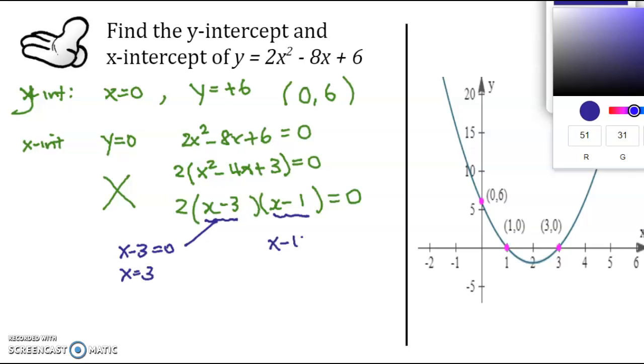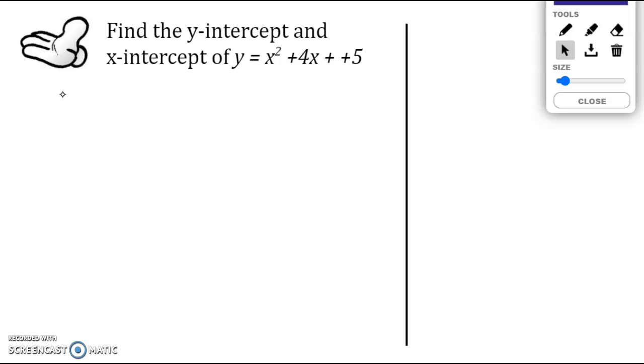X minus 1 is equal to 0, or add 1 to both sides and you get x is equal to 1. That means the coordinate of the x-intercept is going to be either 3, 0 or 1, 0. And that's what we have. 1, 0 is the first x-intercept, 3, 0 is the second x-intercept. Okay, another problem.